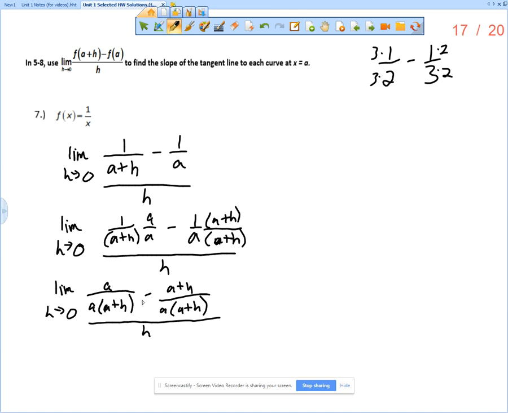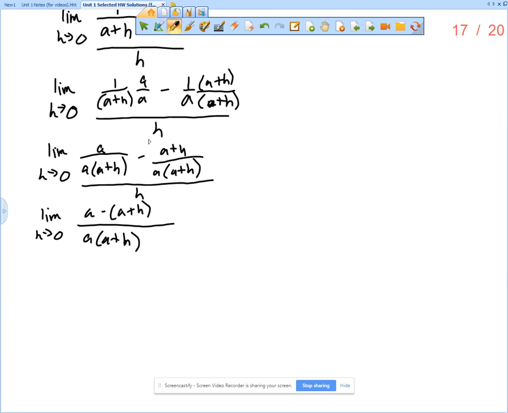So now I have a common denominator in the numerator, so I can get those together. So I have the limit as h approaches 0 of a minus, and remember, this minus goes to that whole fraction, so we have to distribute the minus to the a plus h, divided by a times a plus h. Now, I also have this divided by h. And a lot of times people forget about this.